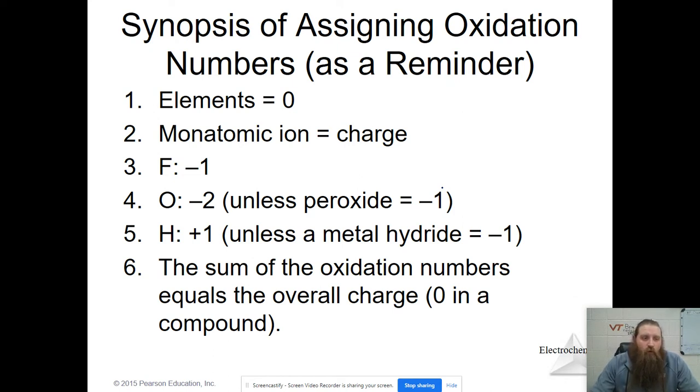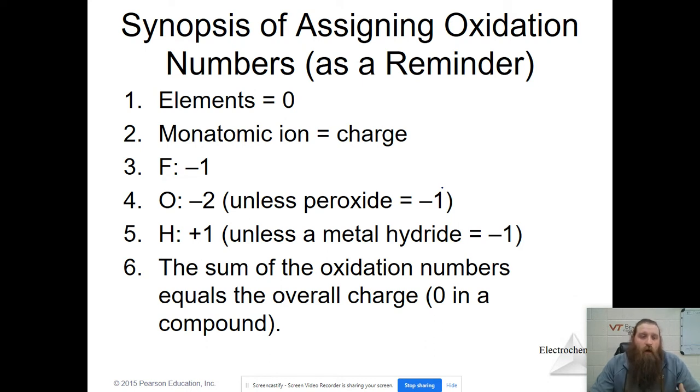If you don't remember how to assign an oxidation number to an element in a compound, or an element by itself for that matter, in a reaction, this is just a brief review of those rules from last year. So a pure element would be 0. A monatomic ion, whatever its charge is, is the oxidation number.